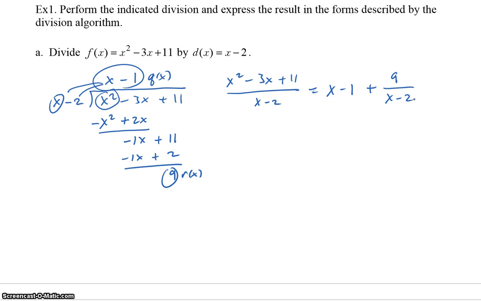A second way to write our result would be to say that f of x, that is x squared minus 3x plus 11, is equal to the divisor, x minus 2, times the quotient, x minus 1, plus the remainder, which is 9.